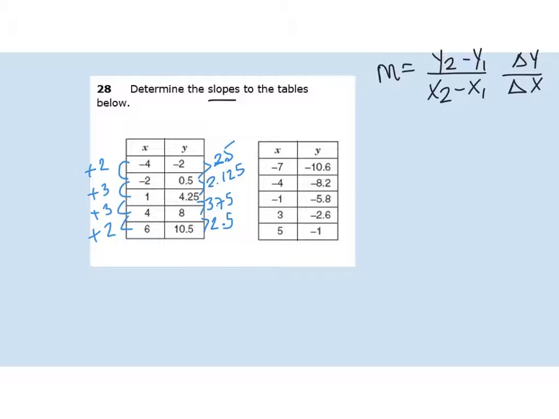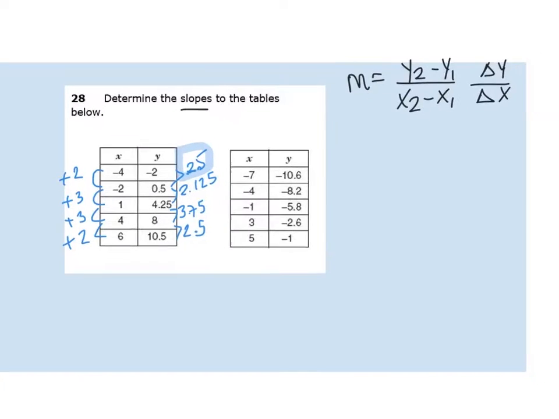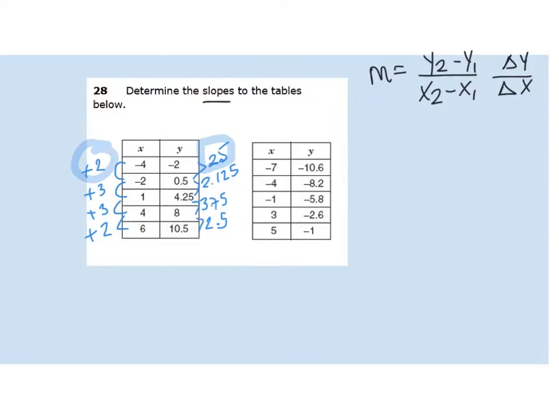So this one doesn't have a constant slope, making it not linear, because if we take our values of 2.5 over 2, it's not going to give us the same thing as 2.125 over 3. So this one's not linear because we're getting different fractions, but we can find the slope from one point to another.